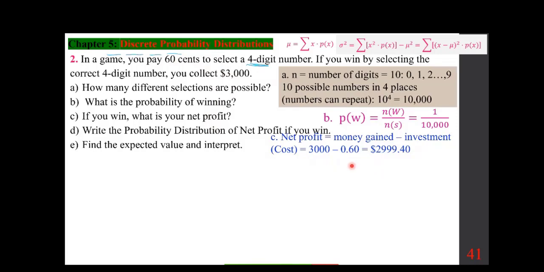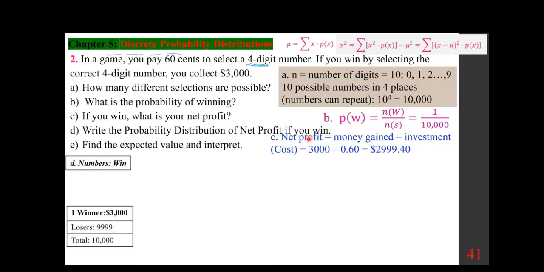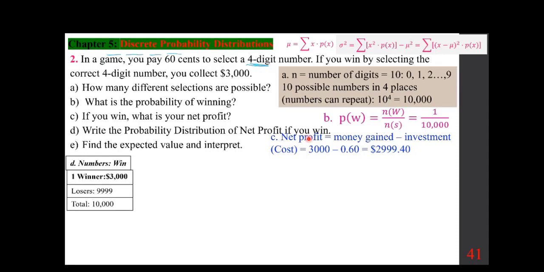Now write the probability distribution of net profit if you win. The probability distribution, it's simply putting the x as well as p of x. That's it. So we are looking at part D. The winner, 3,000. There will be how many? 1 winner.